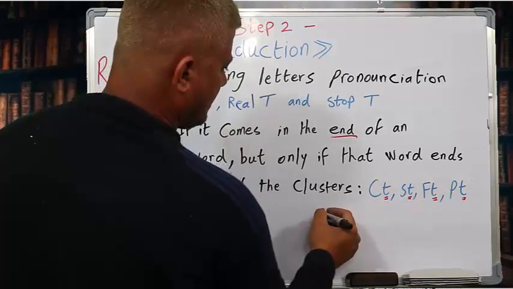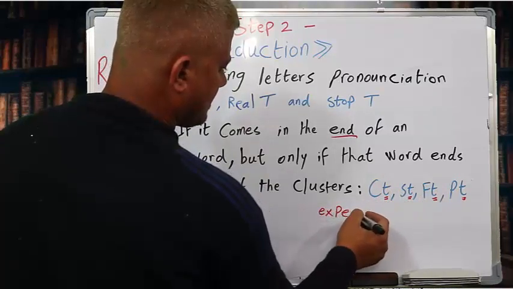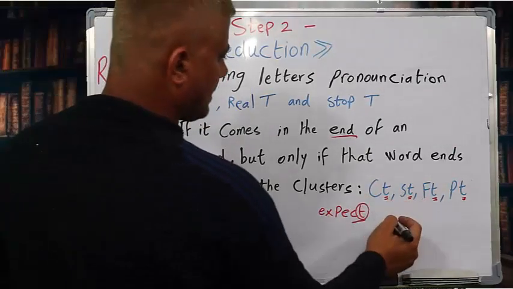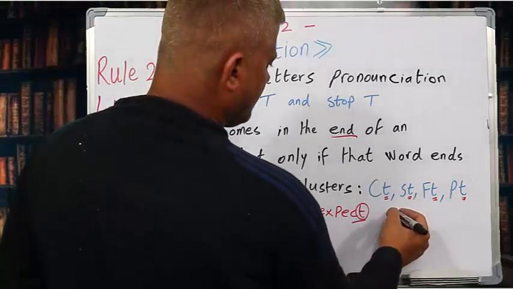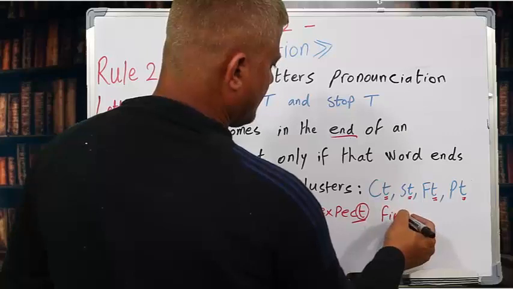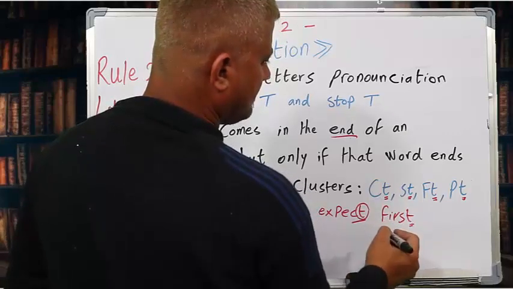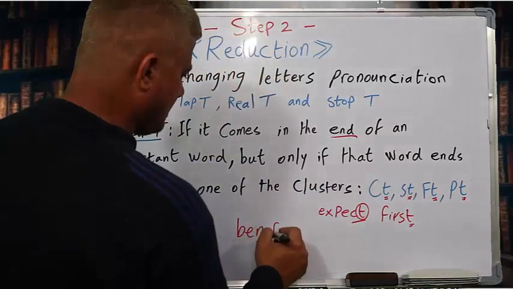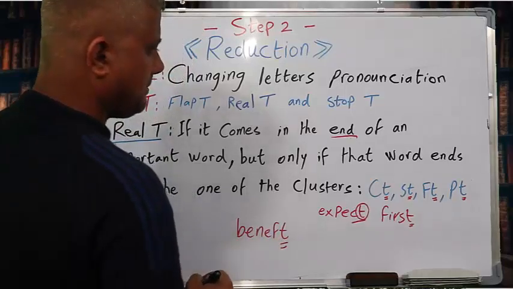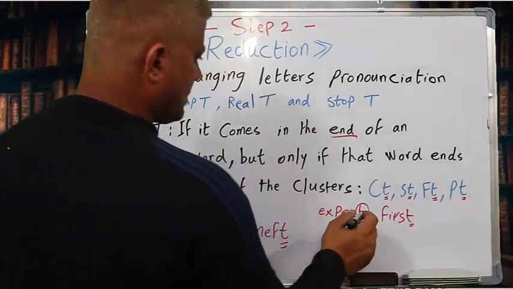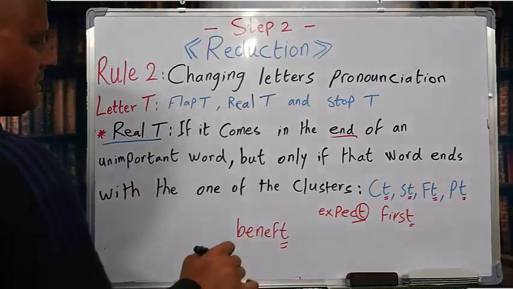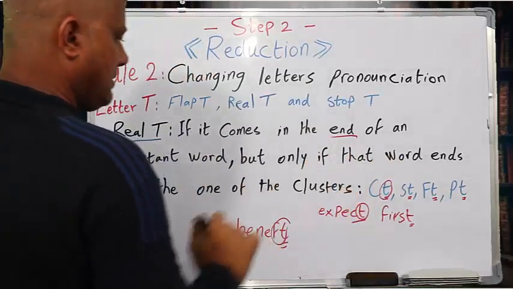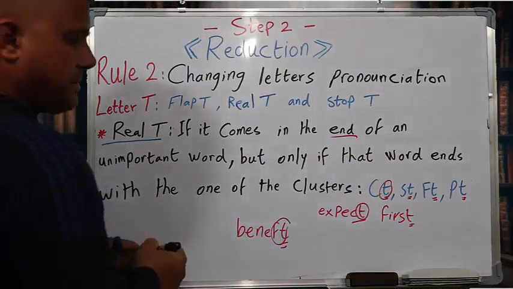For example, expected or expect, real T. First, real T. Benefit, real T, and so on. As you can see, except for these clusters, T is not pronounced. Okay, we will see stop T.